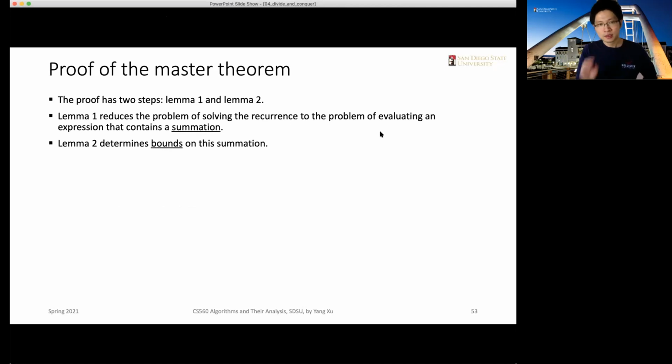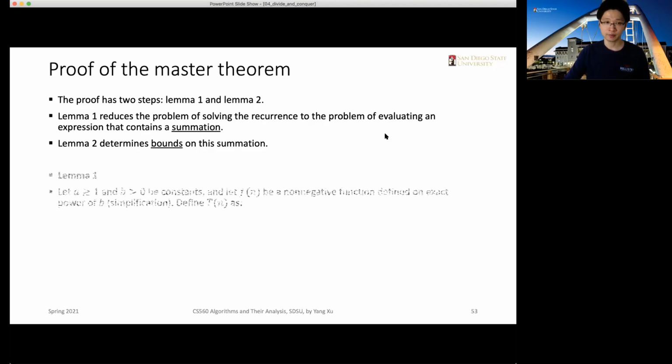So yeah, the whole proof is not required content for this course. But I'm going through this quickly so that you will have some idea of why this is the case. So you will know more about why Master Theorem works in that particular way.